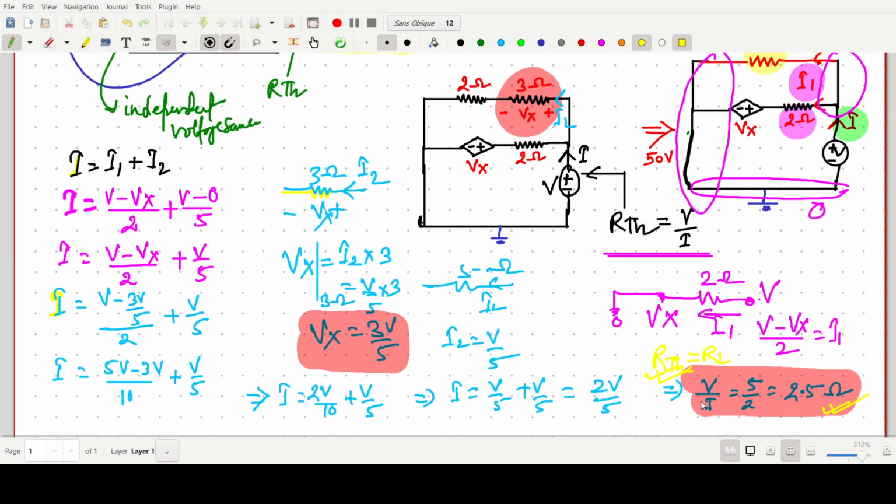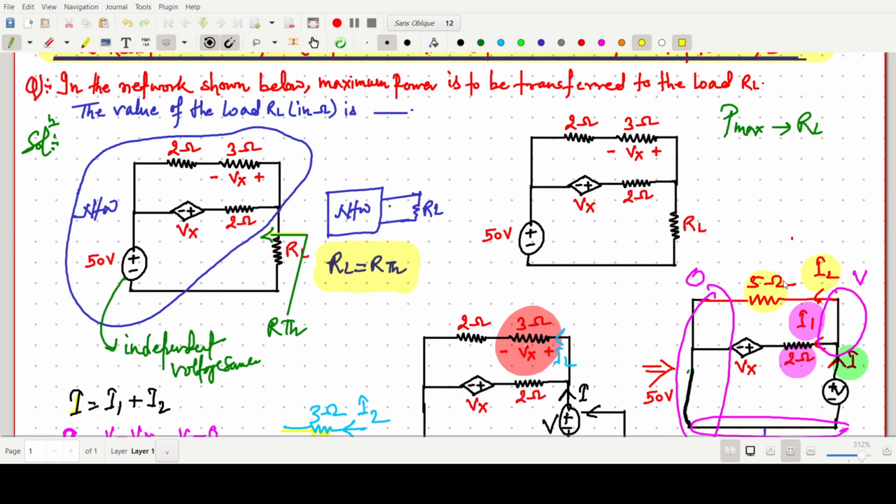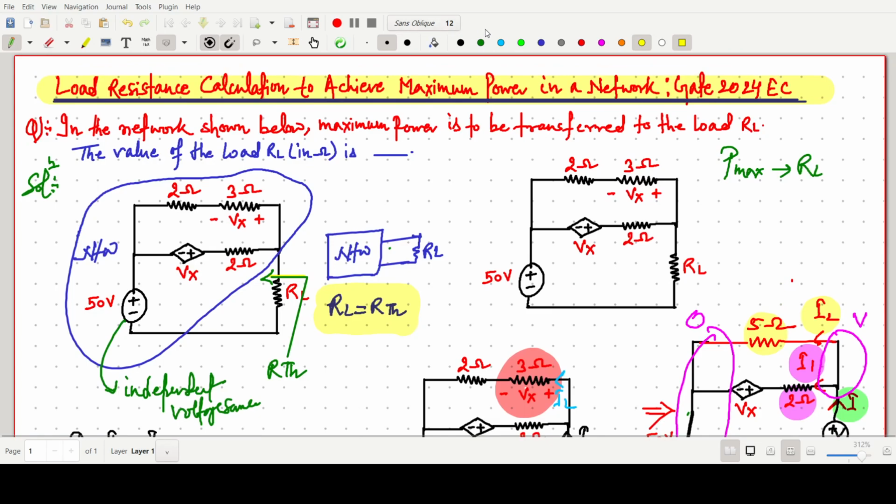So this value will be 2.5 ohm. This is the way to think about this question. So the final answer for this question is 2.5, in ohm. So I am just writing 2.5 ohm. This one is the answer.